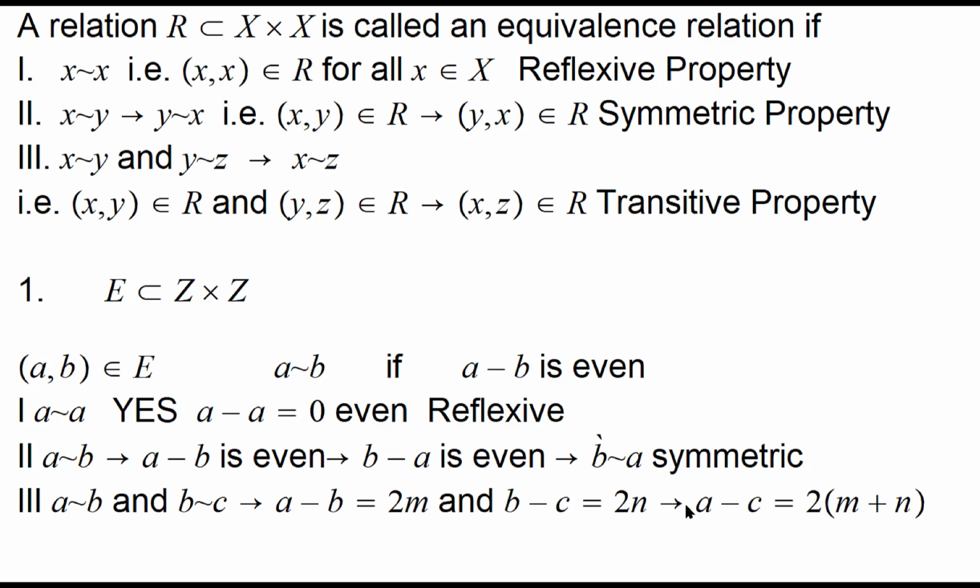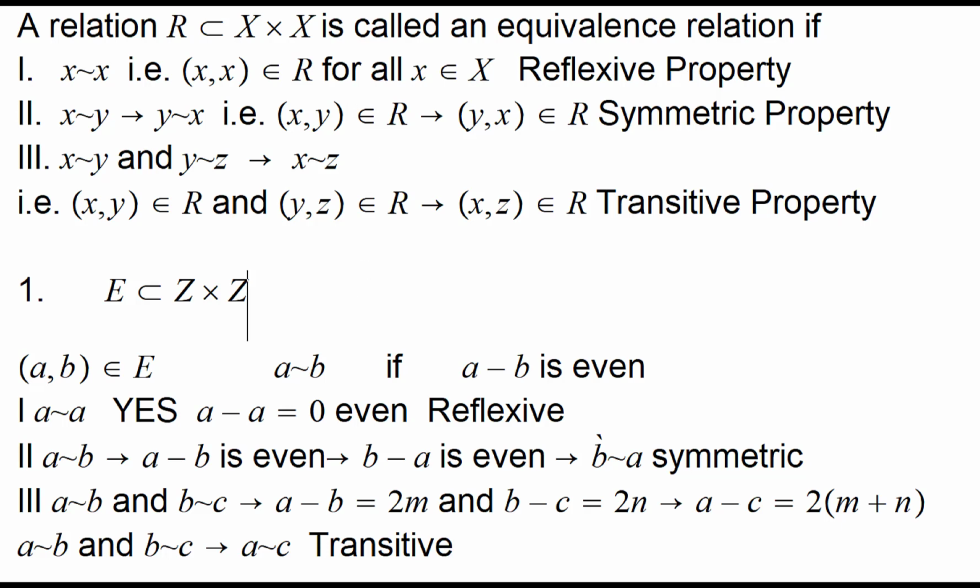Which means A minus C is an even number. So what did we realize as an implication of all this? That if A is related to B and B is related to C, then A is related to C as well. So this relationship is transitive.